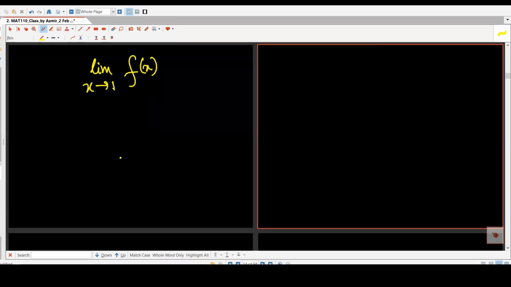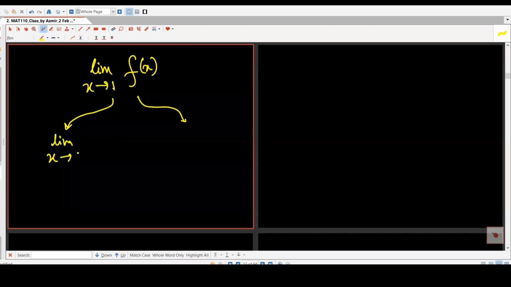Now let us break down this concept. It can be broken into two parts. Limit x tends to 1 minus f of x. Another one is limit x tends to 1 plus f of x. Now we have to understand what is the meaning of 1 minus and what is the meaning of 1 plus. So actually this minus and plus are the directions.